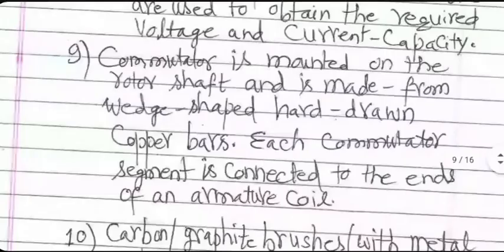Commutator is mounted on the rotor shaft and is made from wedge-shaped, hard-drawn copper. Each commutator segment is connected to the ends of an armature coil. We have seen that there are two kinds of possibilities for this, lap winding and wave winding.